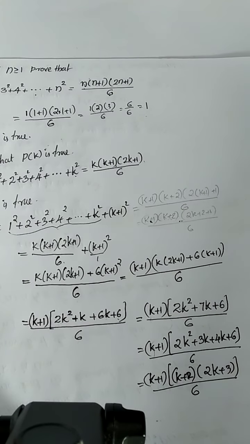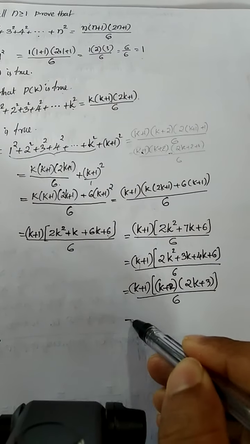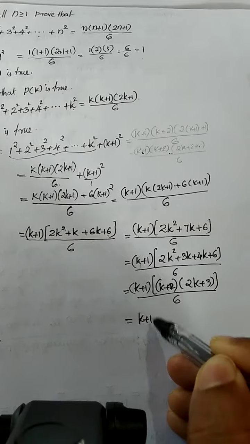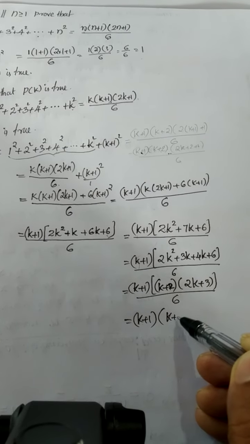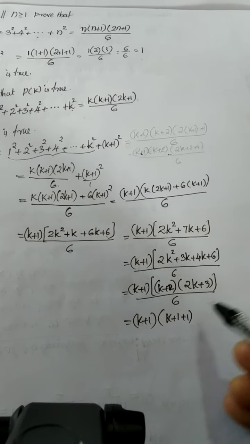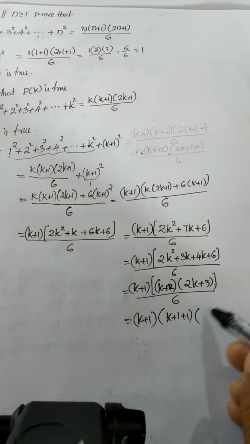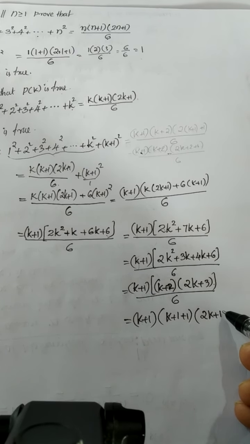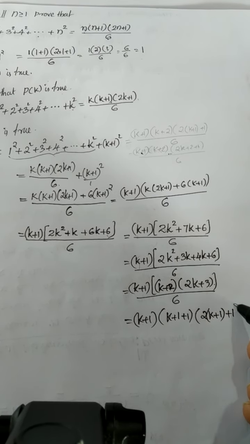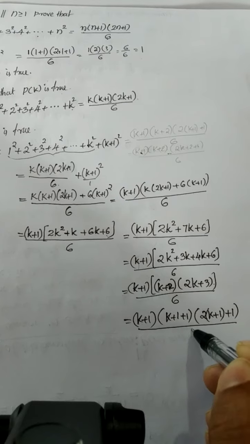So we will get k plus 1 into, we can write k plus 2 as (k plus 1) plus 1, into (2k plus 3), which is (2(k plus 1) plus 1), whole divided by 6.